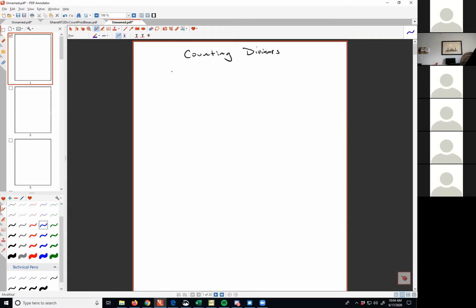Okay. Give me one moment, I'm going to adjust my screen here. Okay, so how does this prime factorization help us? We can add the exponents together to get the number of divisors of 180.